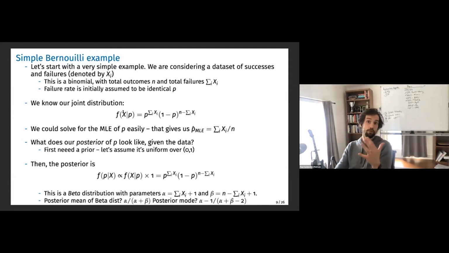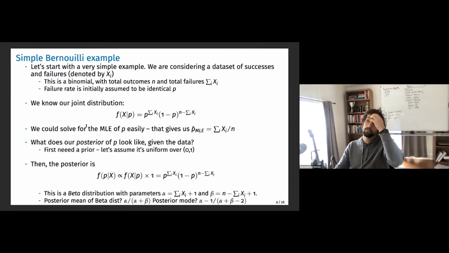We could very easily do the maximum likelihood estimate. That'll give us that p hat is equal to the sum of the x's divided by n. If that's not obvious to you, I would recommend you take this likelihood, take the log, take the first derivative, and solve for p. That will give you the maximum likelihood estimate.